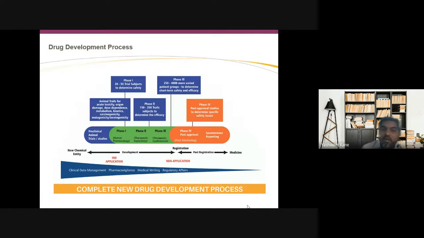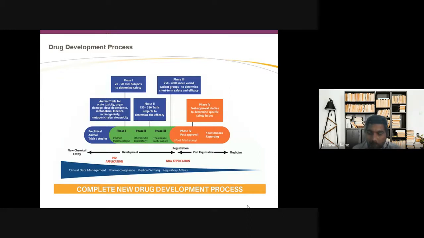In phase 2, we perform it on a larger group, where efficacy is the focus, though safety is also measured as one of the parameters. In phase 3, it is done on a larger group, based on the indication of the molecule, from 250 to 4,000 patients.